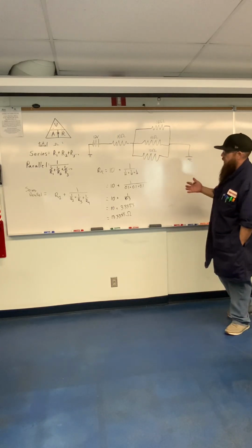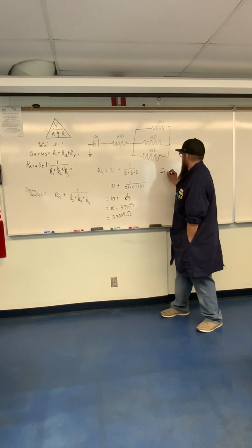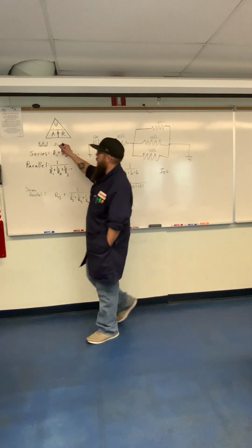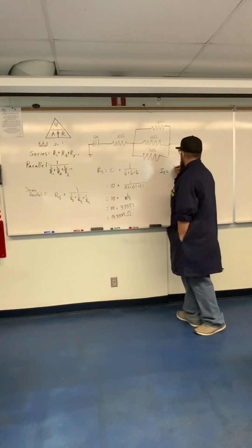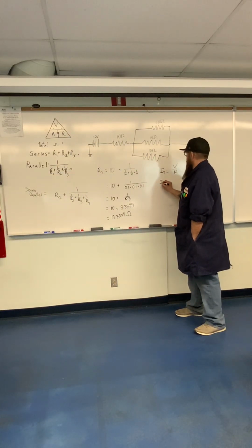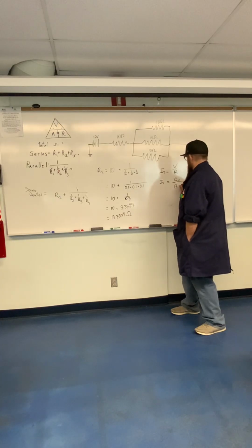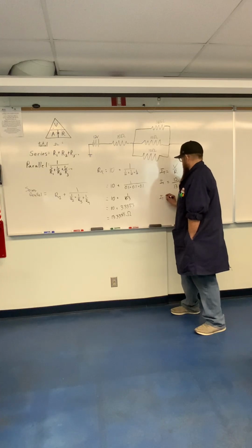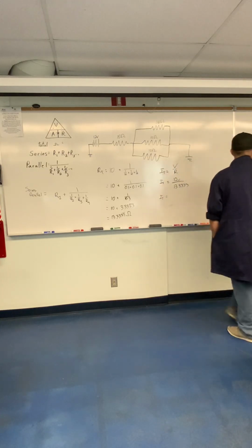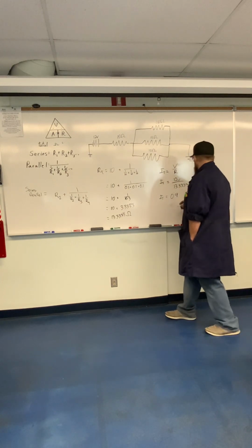If I wanted to figure out the total current in the circuit, so IT, our I, or our amperage, is voltage divided by resistance. Voltage over resistance. So voltage is 12 volts. We have a total resistance of 13.3333. So our total current would be 0.9.